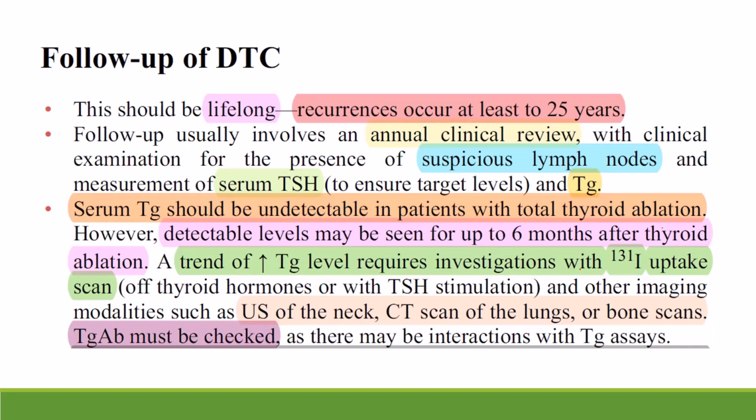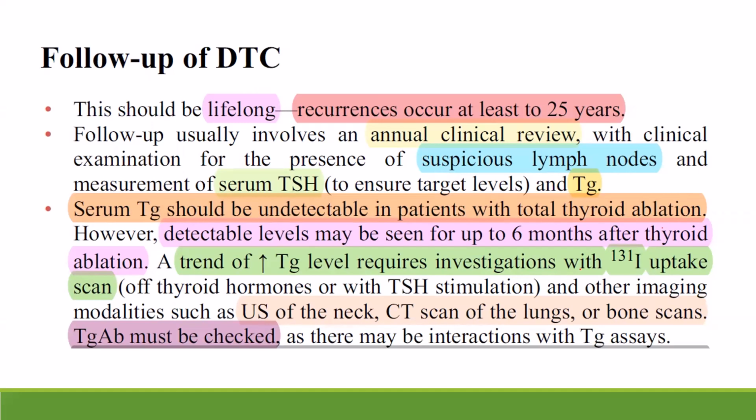A detectable level may be seen up to 6 months after thyroid ablation, this is usually a normal variant. A trend of increasing TG level requires investigation with radioactive iodine scan or whole body scan.